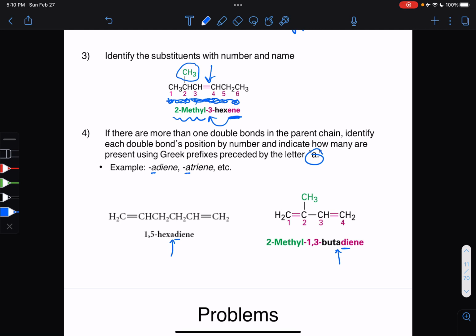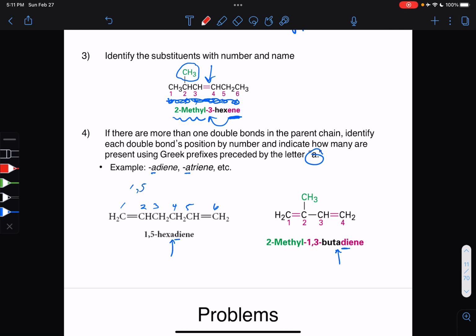All right. So the first one on the bottom there to the left, if we try numbering forwards, we have 1, 2, 3, 4, 5, 6. So that means that we would have a double bond starting at 1 and ending at 2. So we'd have a 1 and then starting at 5 and ending at 6. So we'd have a 1, 5.